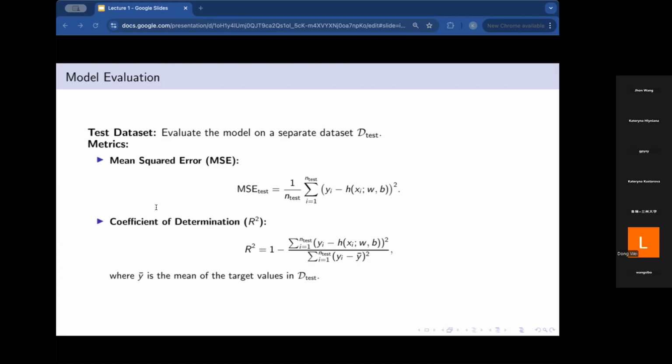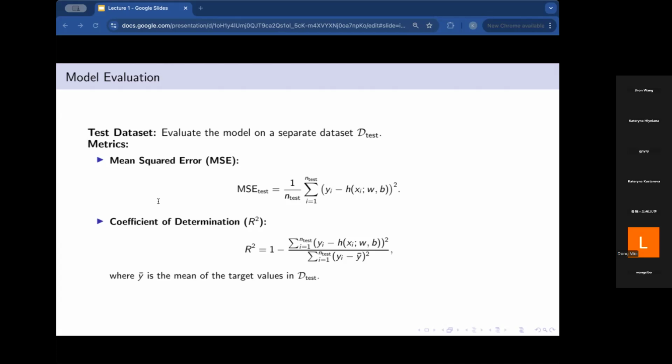It measures the average squared error of our predictions. And the second metric is the coefficient of determination, denoted as R squared. It's calculated as 1 minus the ratio of the residual sum of squares to the total sum of squares.